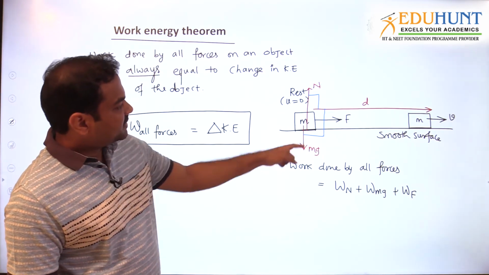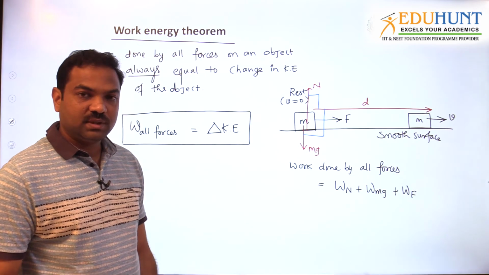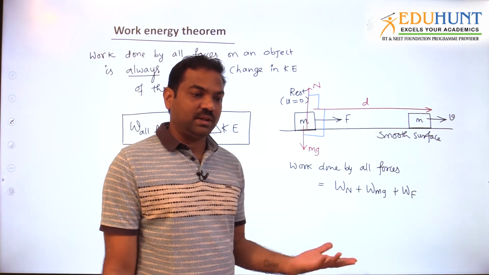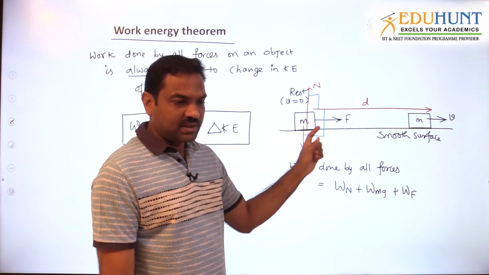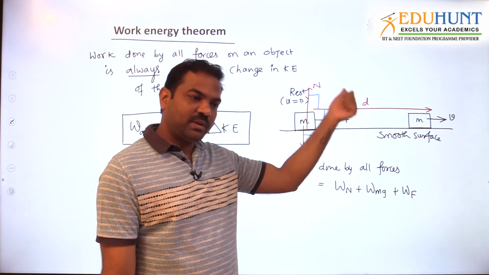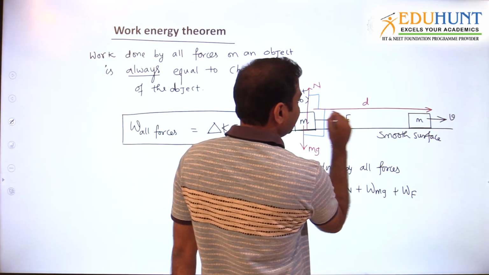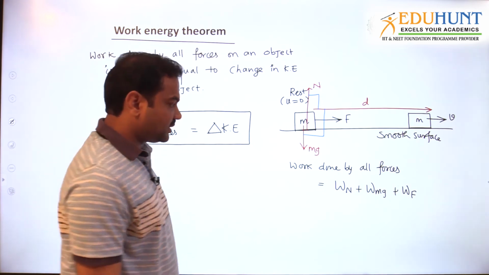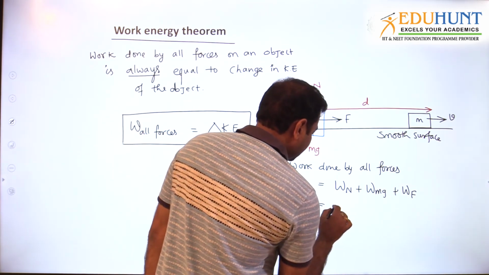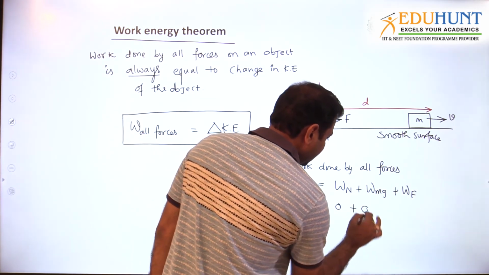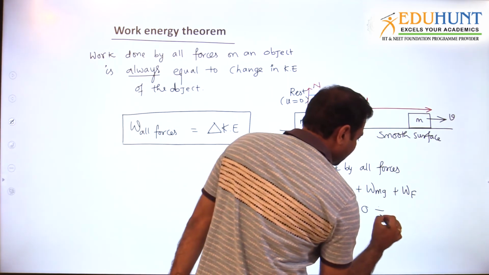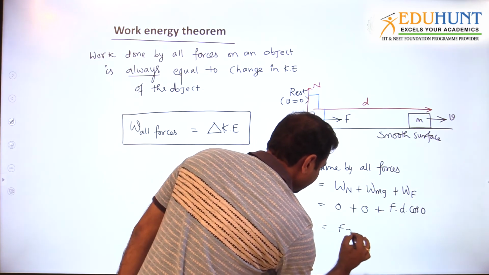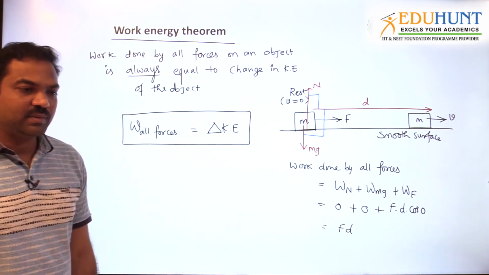Or else, mg and normal reaction both are cancelling out, no? As both are cancelling out, the work done by N and mg together will become 0. Work done by mg is 0, work done by normal reaction also 0. Applied force and displacement both are in the same direction. So I can write work done by normal reaction 0, work done by mg 0 because perpendicular. Work done by F is F into D into cos 0. So F into D, cos 0 value is 1. So this is the work done by all forces.